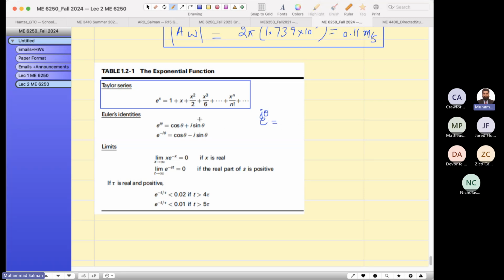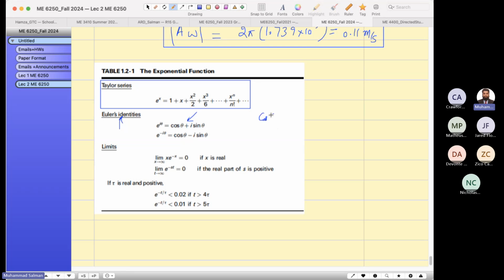If you do the math, you will find this is the Euler identity: e to the j theta is cosine theta plus j sine theta.